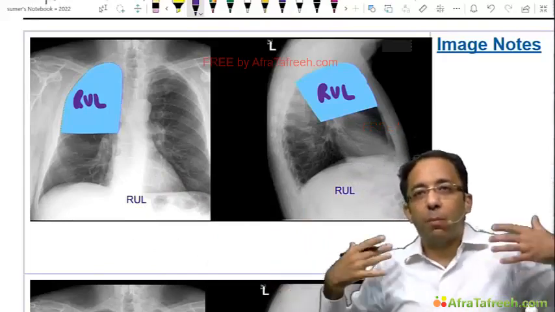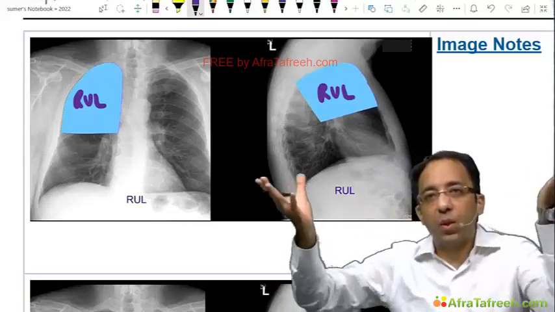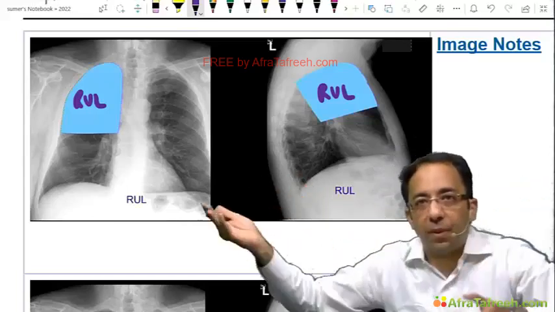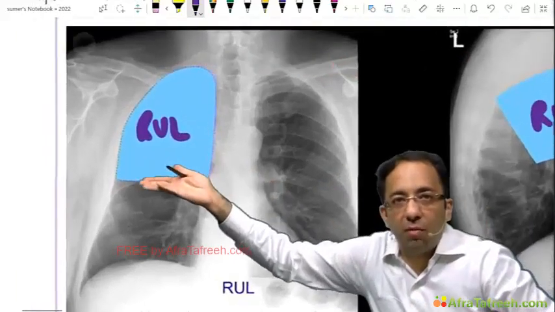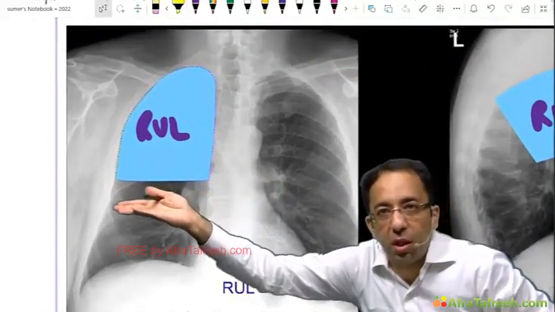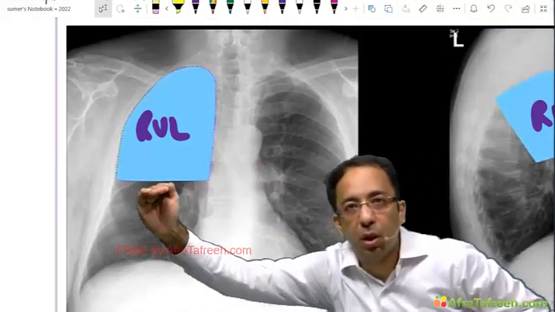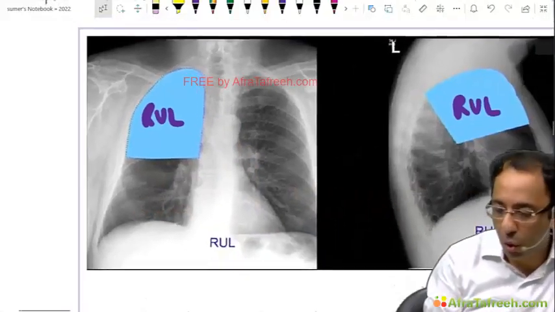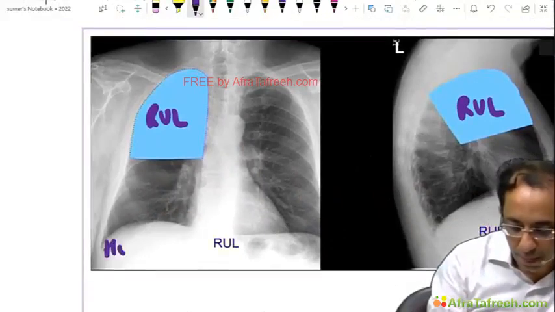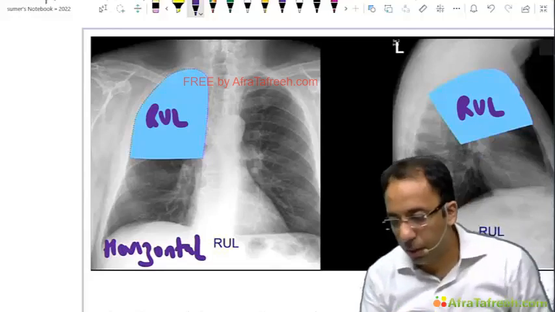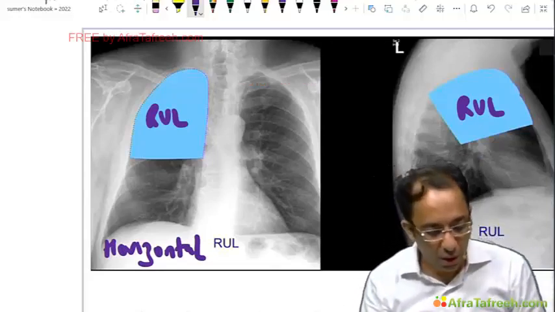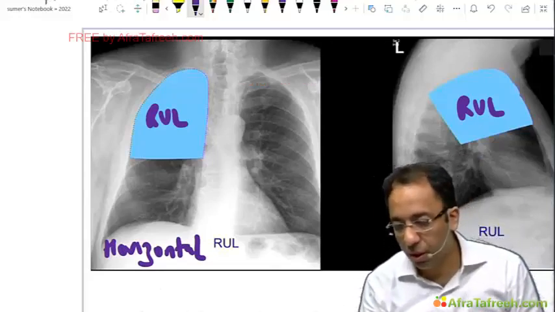So what happens is pleura is covering the lung, but it is also going into the fissures. So this is the area where you have the horizontal fissure. So the right upper lobe will have a smooth sharp border because of the horizontal fissure.